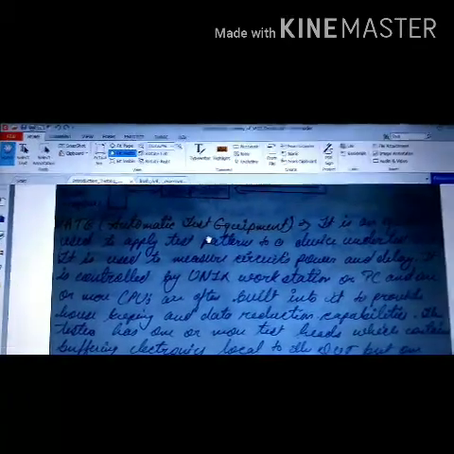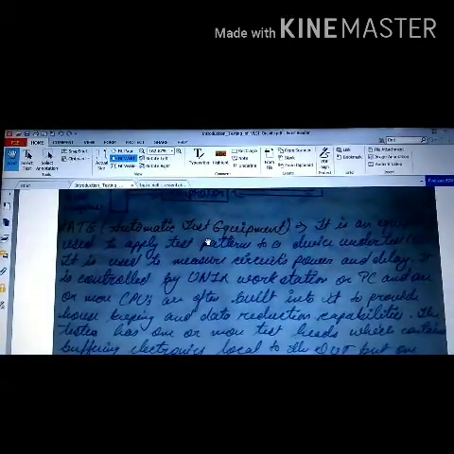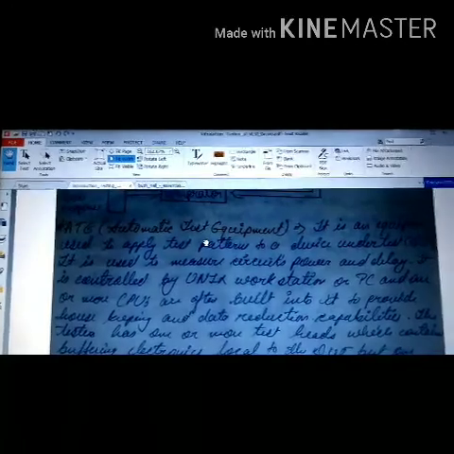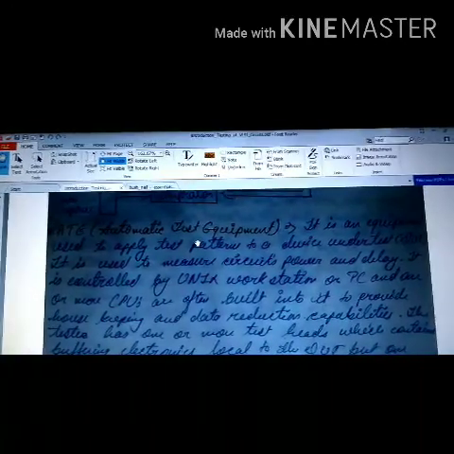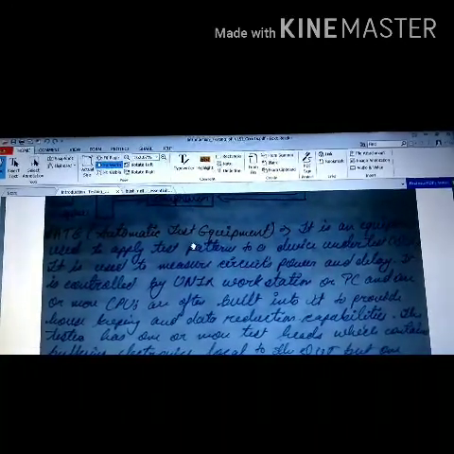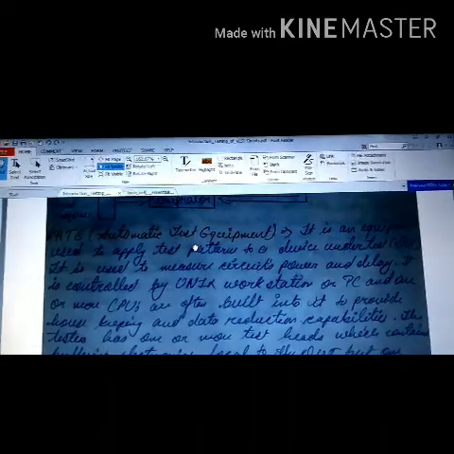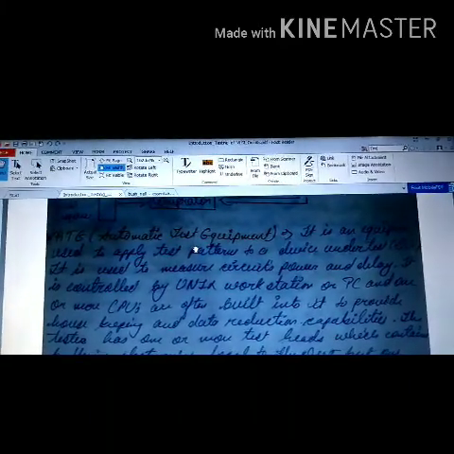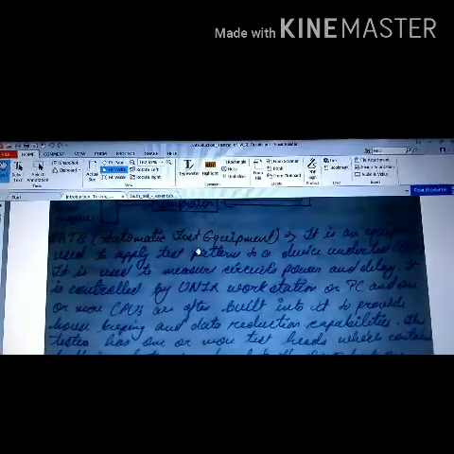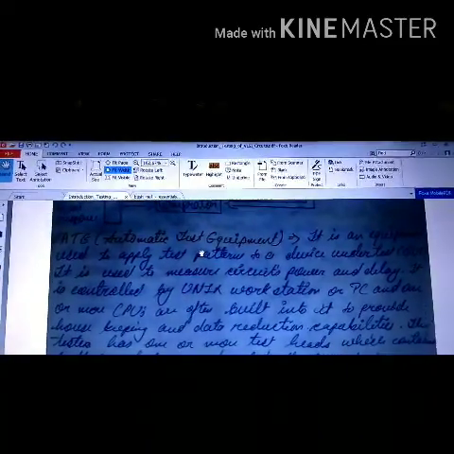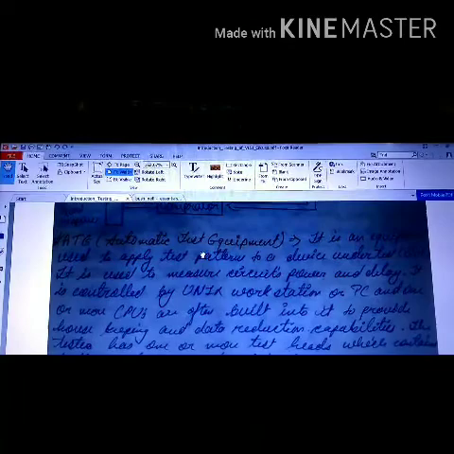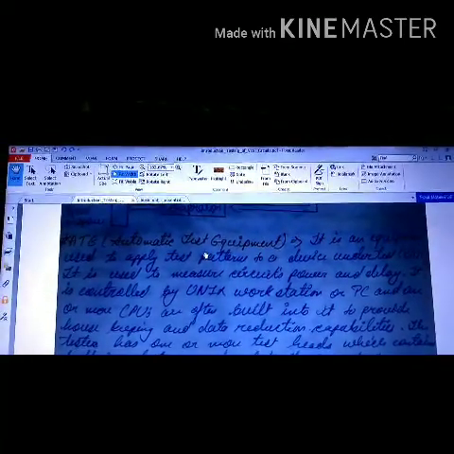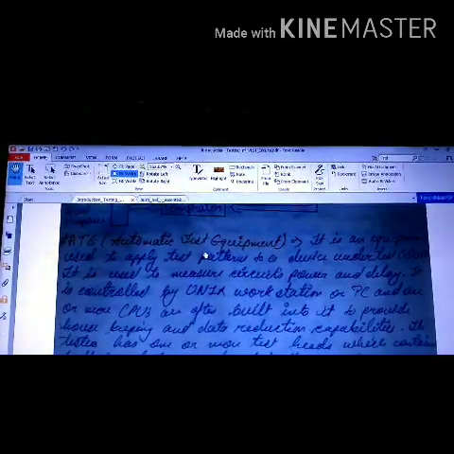It is an equipment that is used to apply test patterns to a device under test. Device under test is also known as DUT. It is used to measure the circuit's power and delay. It is controlled by a Unix workstation or a PC, and one or more CPUs that are often built into it to provide housekeeping and data reduction capabilities.